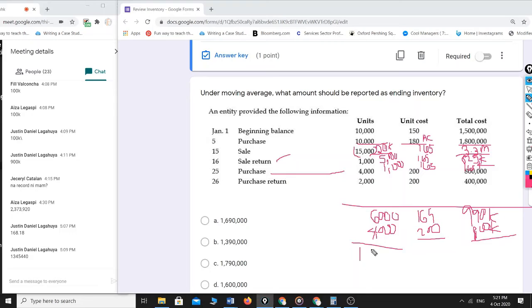We now have 10,000 units, and the total cost of these 10,000 units is 990 plus 800, that is 1,790,000.